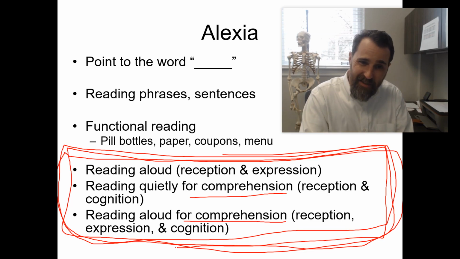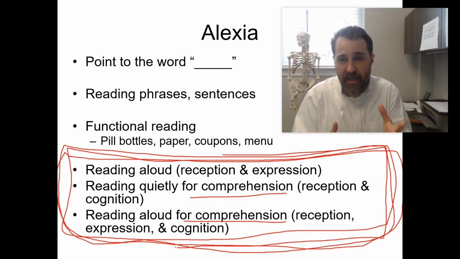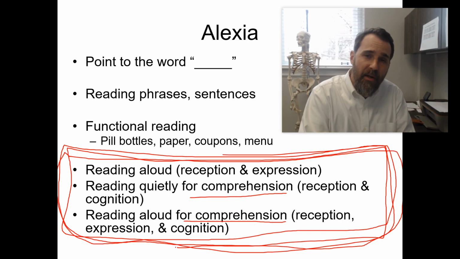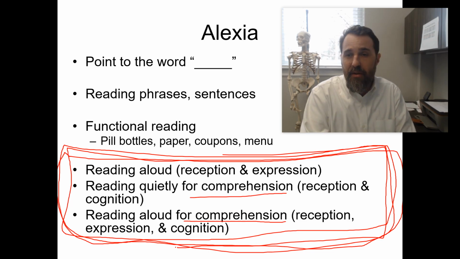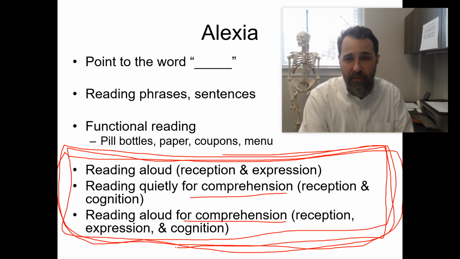So for them to complete this task successfully, they need all these abilities intact. And if one of them isn't intact, then they may not be responding to your questions appropriately. But that doesn't tell you they have reading deficits. That tells you they have a deficit at some point that is negatively affecting their reading.